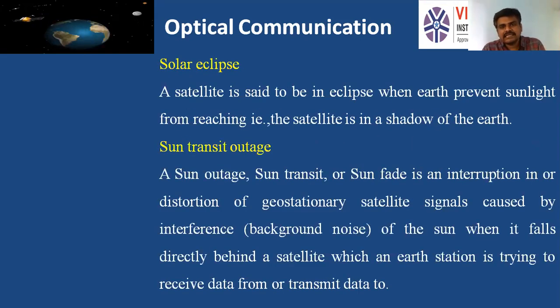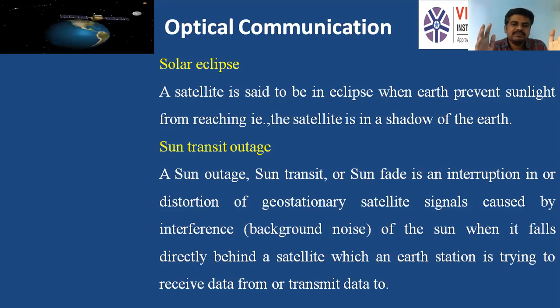The next one is solar eclipse, which also affects the satellite communication performance. That is when the satellite, earth and the sun are all in the same plane. There will be a certain time for the satellite to move in the shadow of the earth. In that duration, there will be no sunlight falling on the satellite, due to which the satellite may stop working for as long as the eclipse is going on.